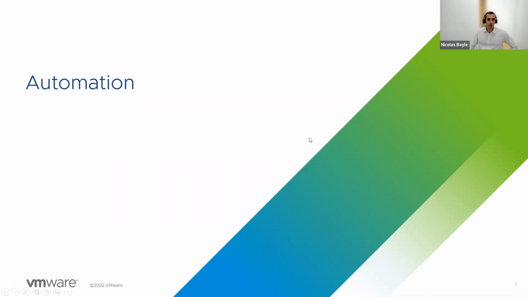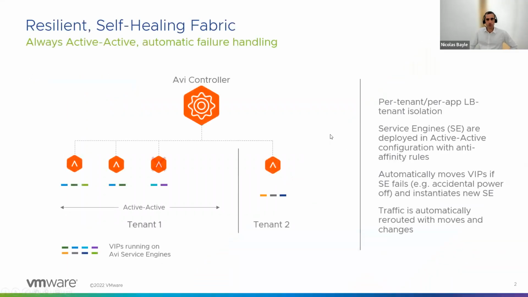If you think about what we have discussed for the last few days, for instance, the fact that we have a fabric of service engines, the AVI controller is capable of creating new service engines manually and automatically in any environment. This is fully orchestration automation. And this is possible because we have this integration between the AVI controller and your underlying environment.